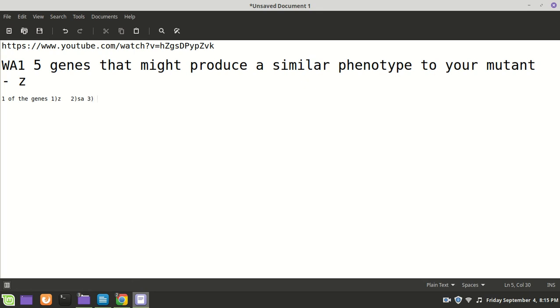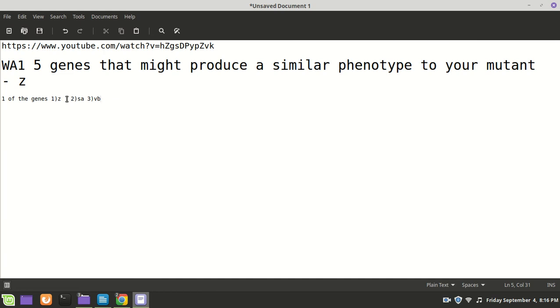Maybe there's another one that's VB, and VB has long legs, but the fly has blue eyes. Well, that's what you need to tell me. You would tell me that Z gives the fly long legs, but there are these other mutants like SA or VB. I'm making these up now. Don't think that these are real.